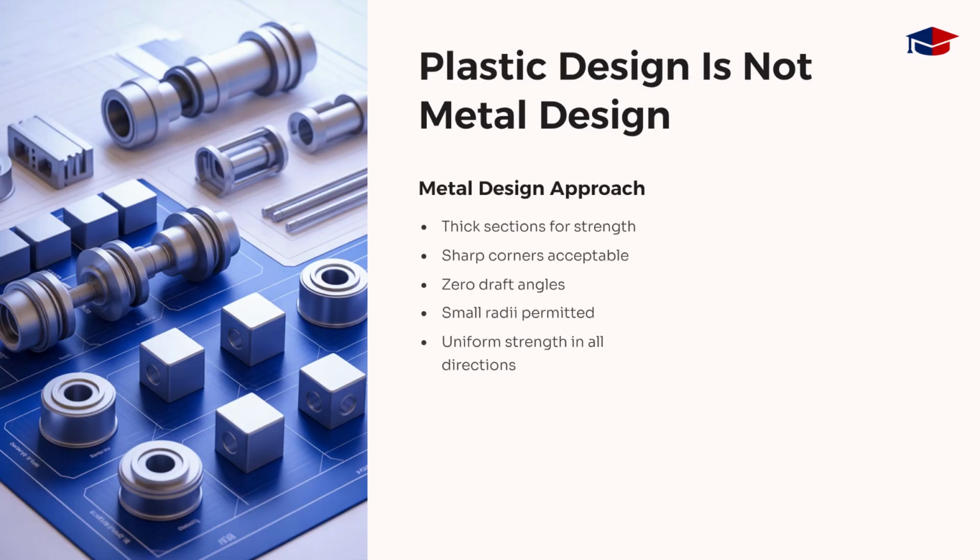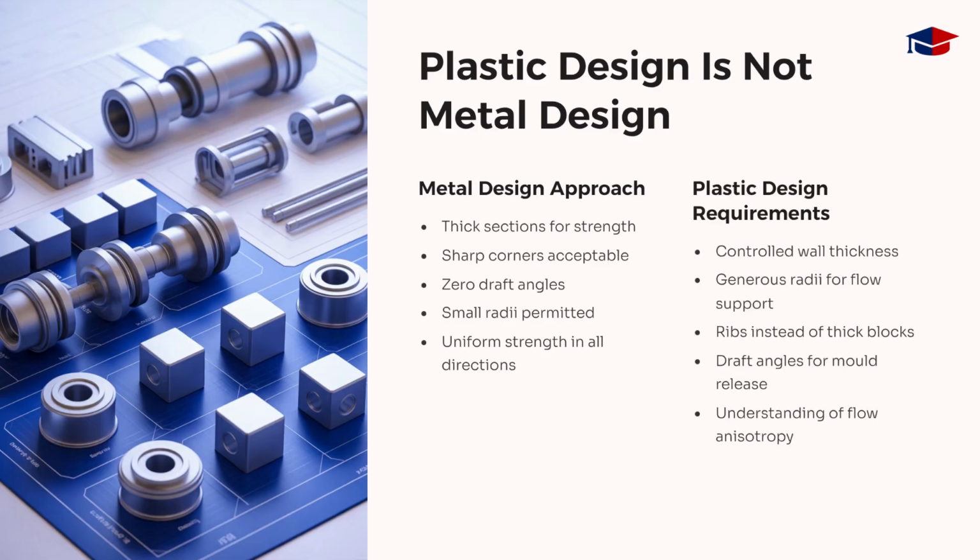Metals allow thick sections, sharp corners, zero draft, small radii, and uniform strength in all directions. Plastics do not. Plastics require controlled wall thickness, generous radii to support flow, ribs instead of thick blocks, draft angles for mold release, and an understanding of anisotropy formed during flow and cooling.